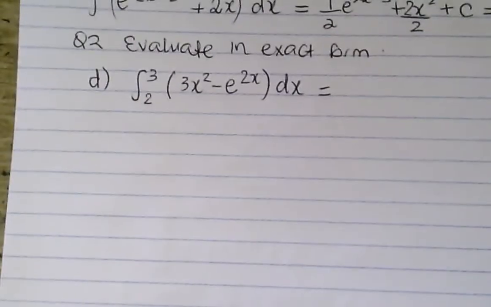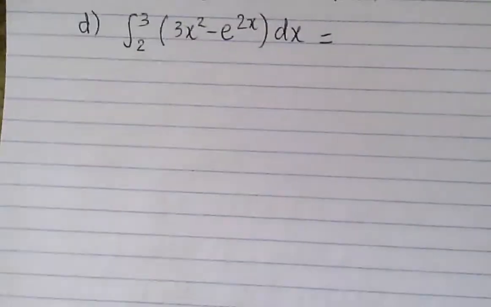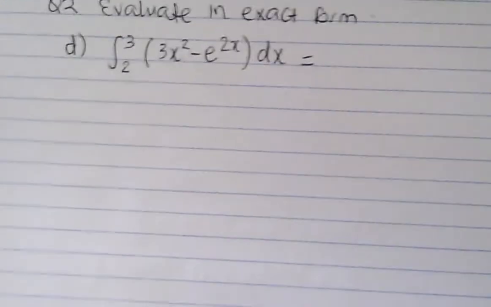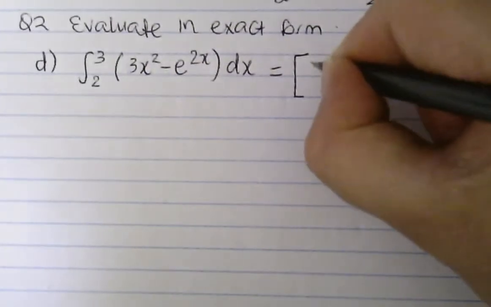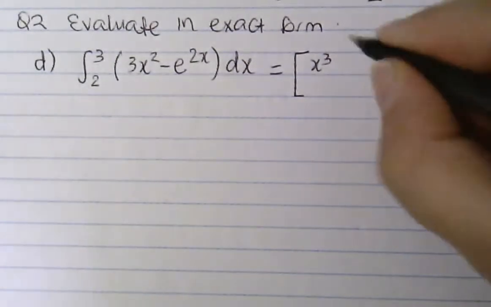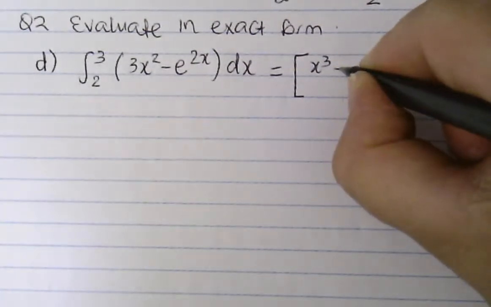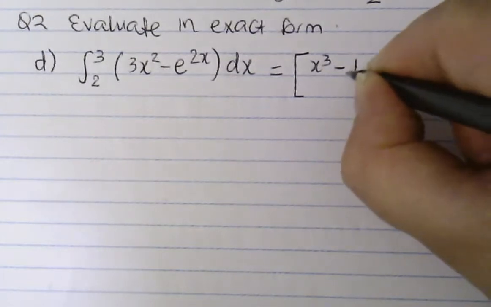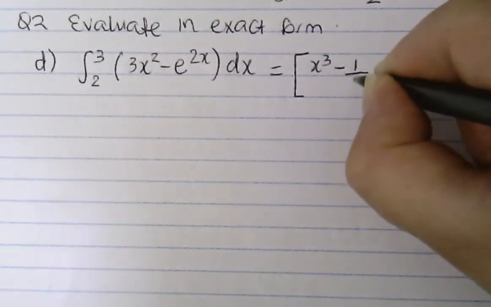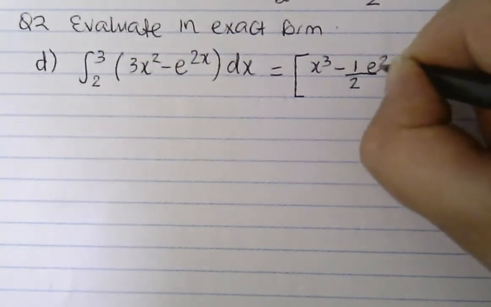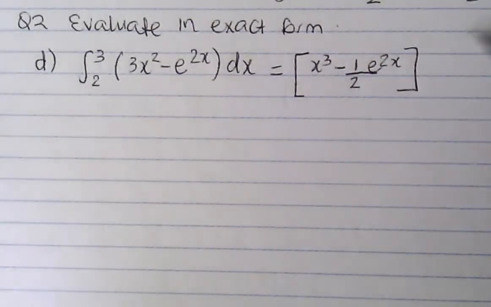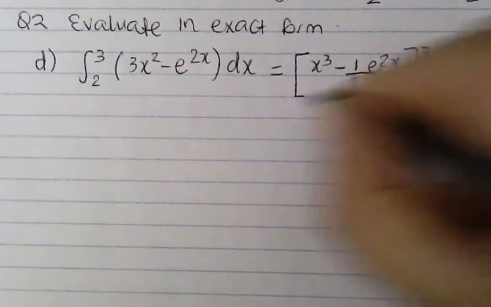So let's go. Integrate 3x squared. What do you get? 3x cubed on 3, which is just x cubed. And what do we get here? Minus 1 over 2 e to the 2x. Yes? And you have to substitute 3 and 2.